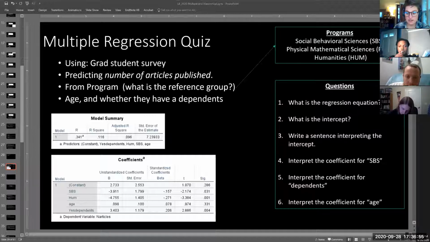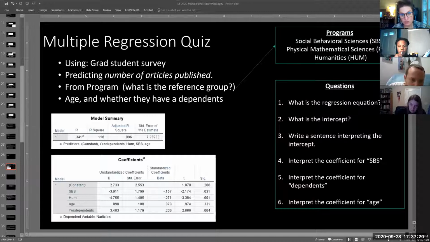Yeah, that's exactly right. So Michelle got really specific, and I'm sorry, I'm using your names on your placards here. So if it's different, let me know, please. Michelle said something very specific, which is focusing in on the contrast between SBS and physical mathematical sciences, which you can do in this case.